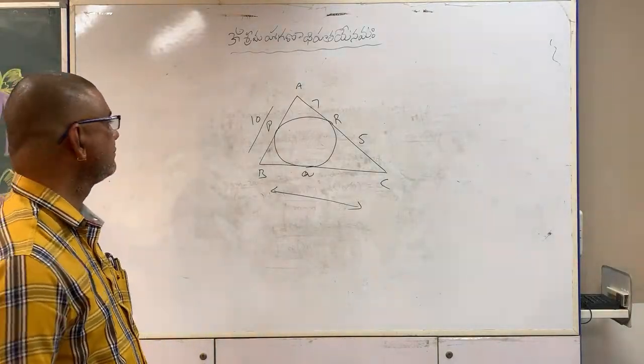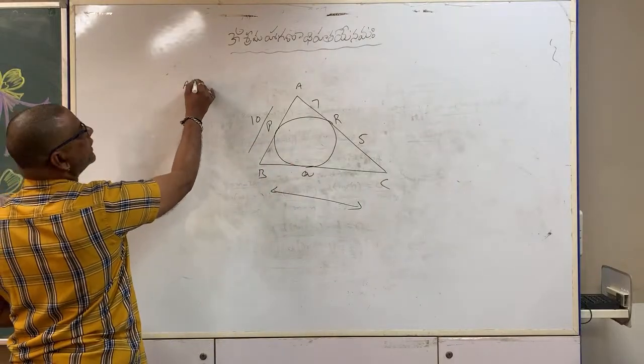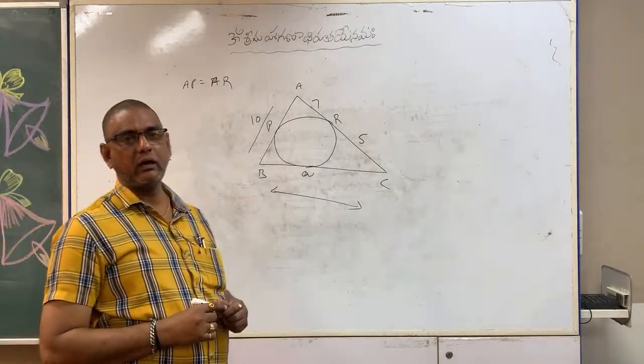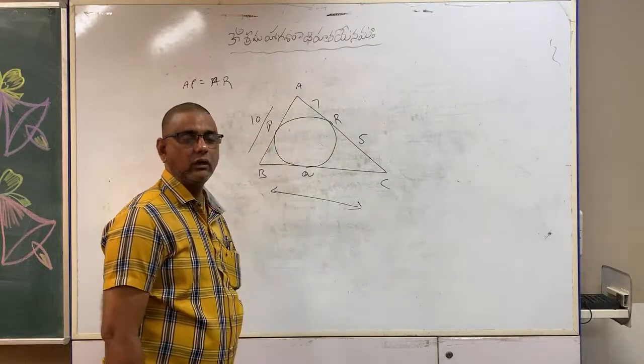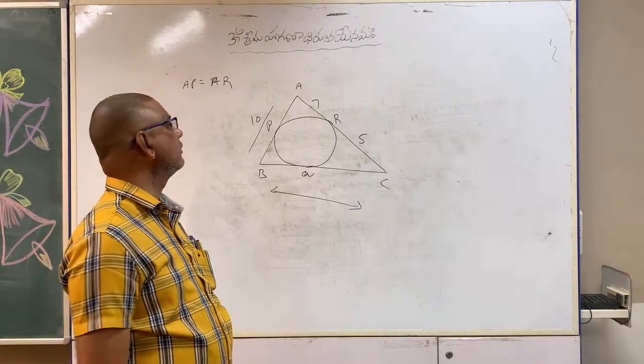Let us see. We know AP and AR are equal, since tangents drawn from an external point of a circle are equal.